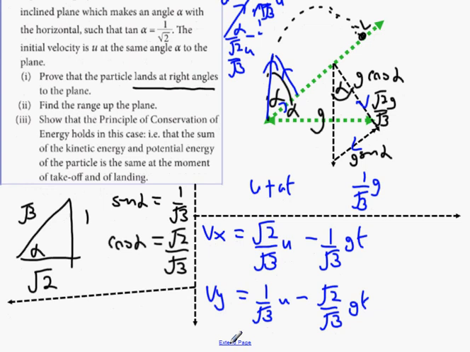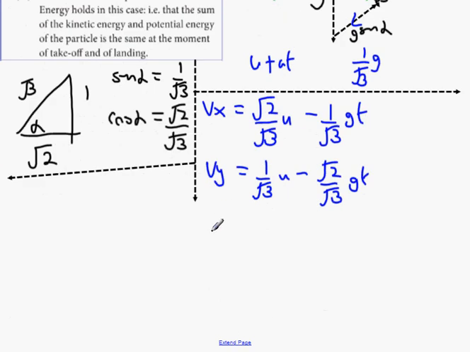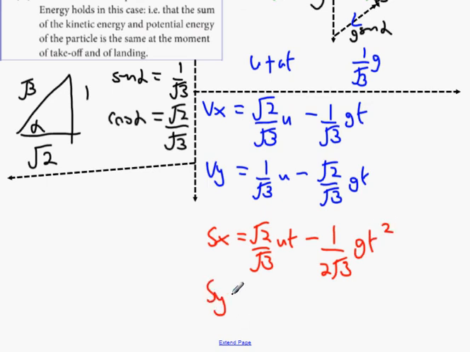Now phi x and phi y are simple once you make them. Add on a t, half the second one, add on another t, and then sy equals 1 over root 3 ut minus, we'll keep it the same, root 2 over 2 root 3 gt squared.